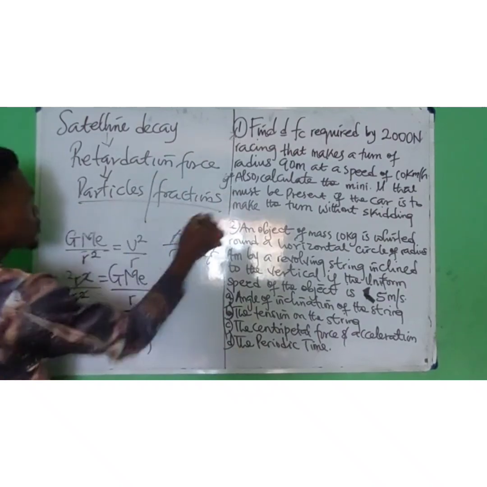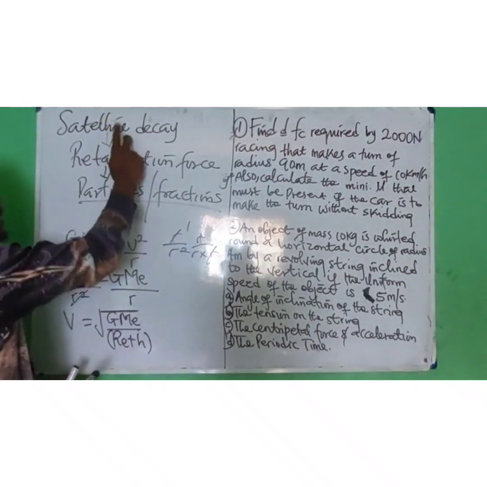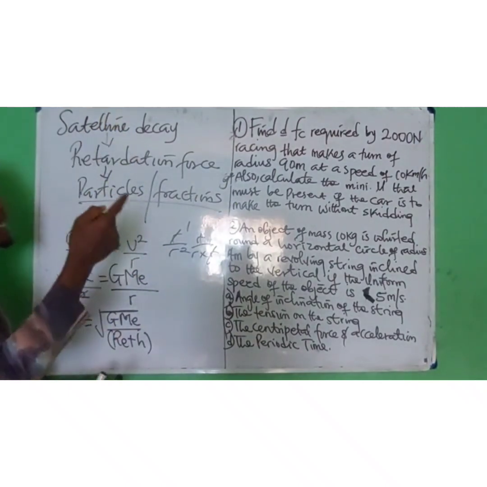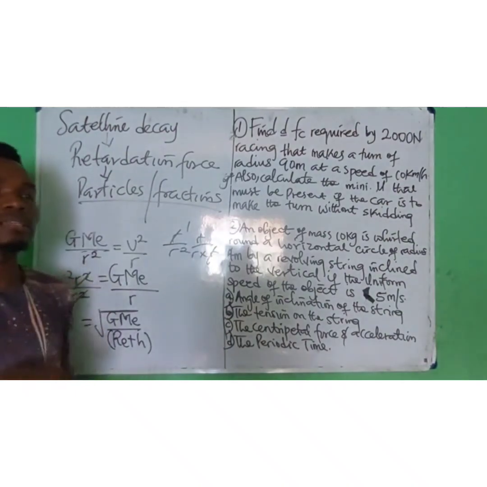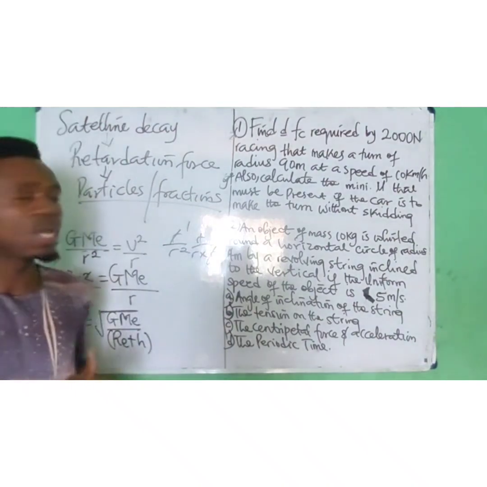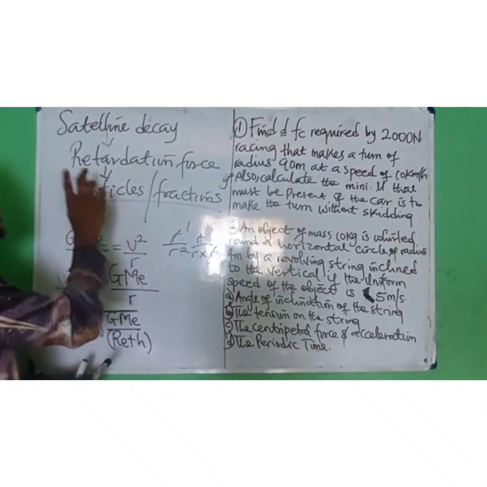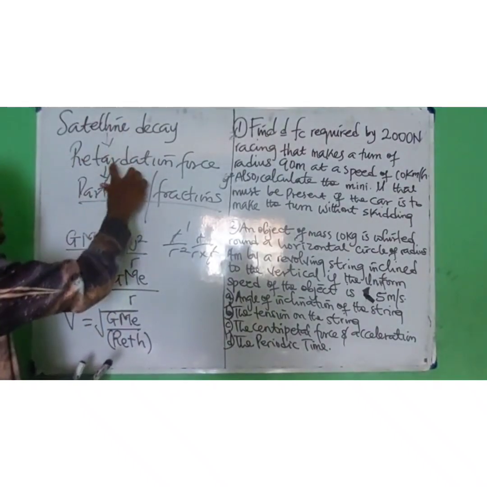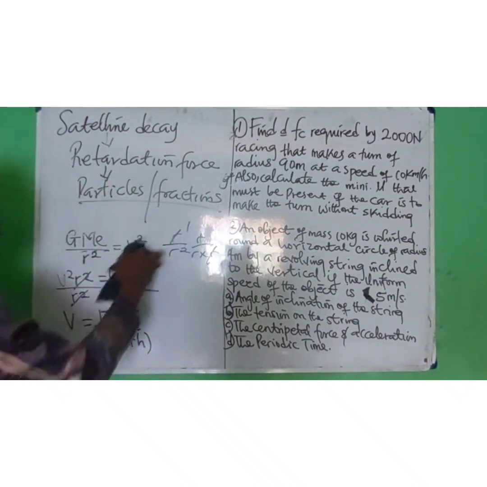As soon as that begins, the satellite enters back into the Earth, and as soon as it enters back, it begins to burn. So please take note: what brings about satellite decay is called the retardation force.